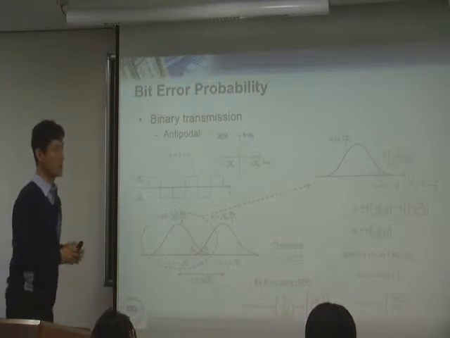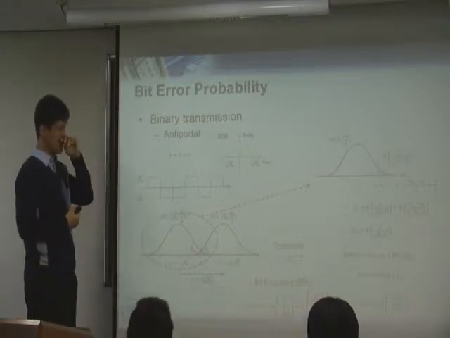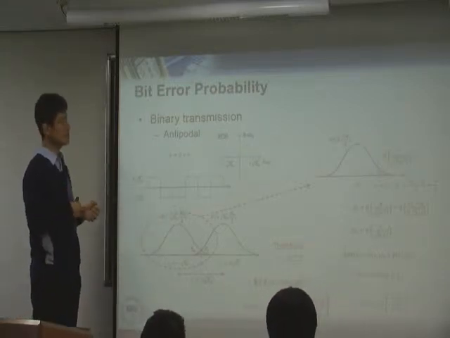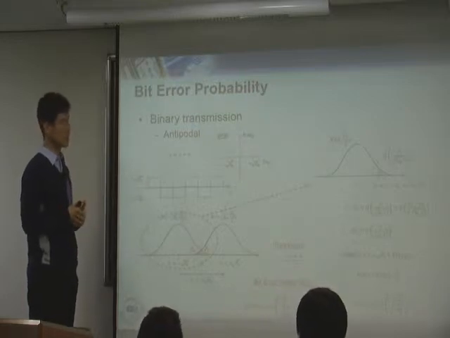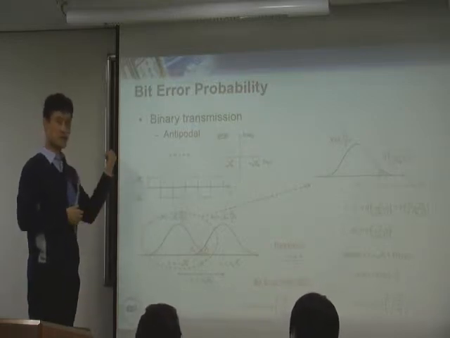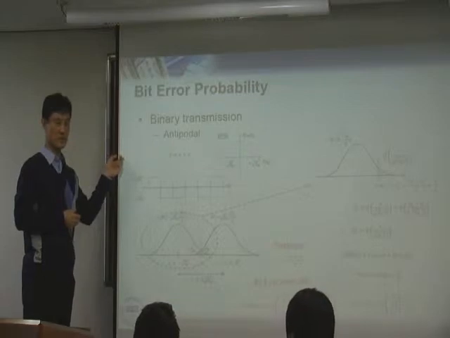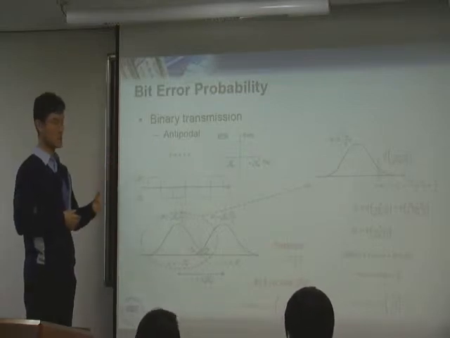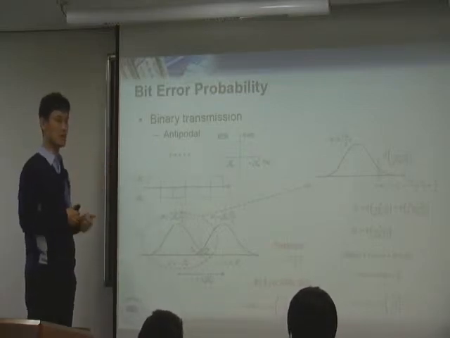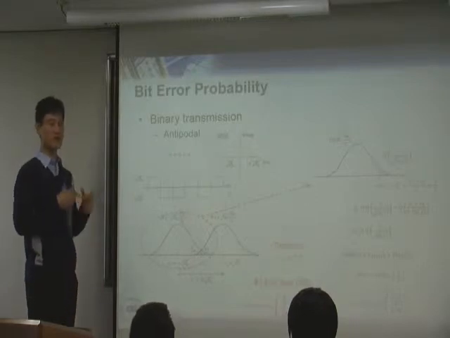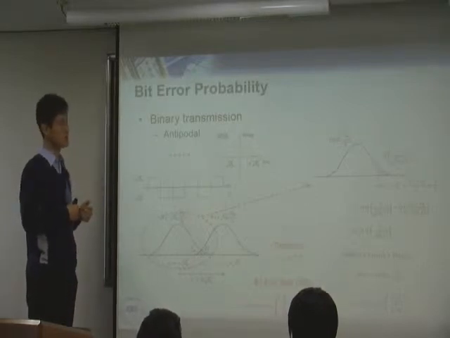That's our fundamental goal. So in order to do that, there are several techniques. The diversity technique, spatial diversity, increasing the diversity order, that's one of the best ways of reducing the error rate.